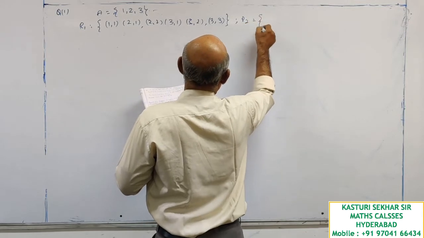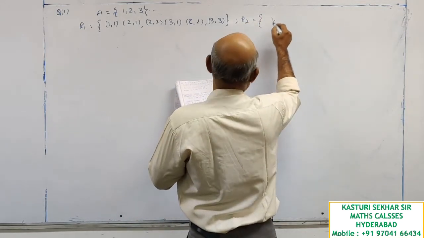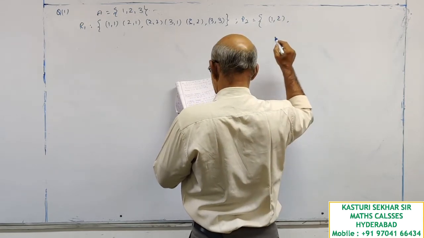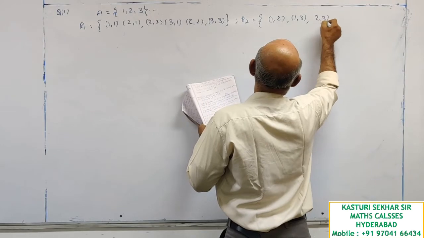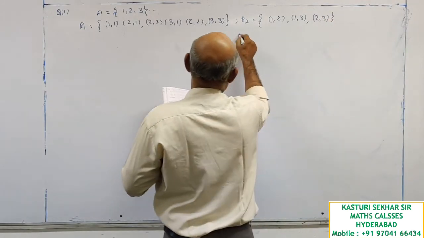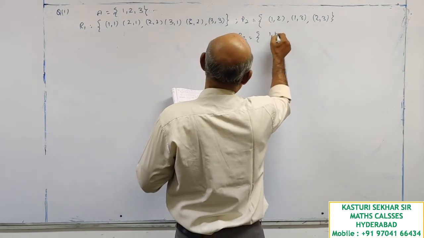R2 = {(1, 1), (1, 2), (1, 3), (2, 3)}. R3 = {(1, 1)}.